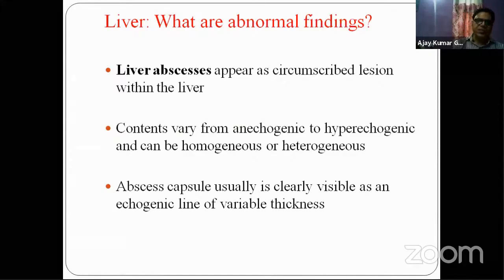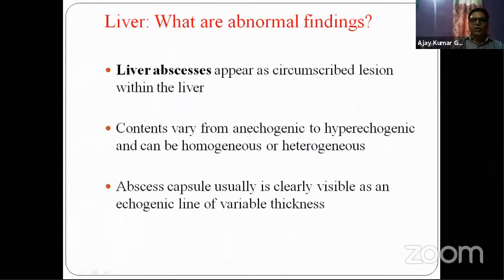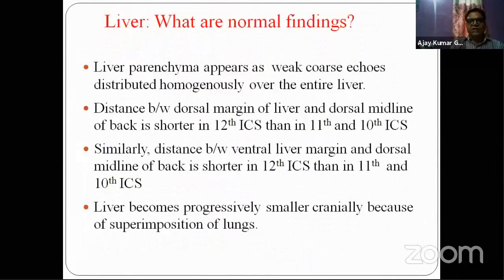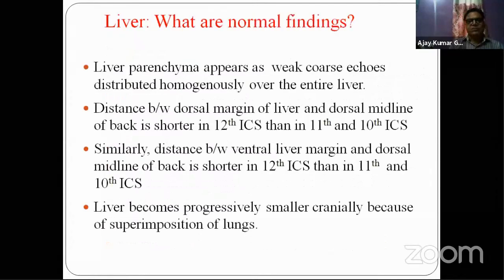So the picture of abscess will vary on ultrasonography depending upon the contents of the abscess, and sometimes it becomes difficult to differentiate conditions like tumors and abscesses, because they may give similar picture. So in those cases, ultrasound guided aspiration for cytology or ultrasound guided biopsy will be required for confirmatory diagnosis.